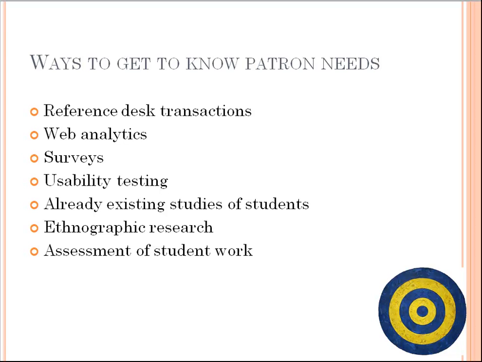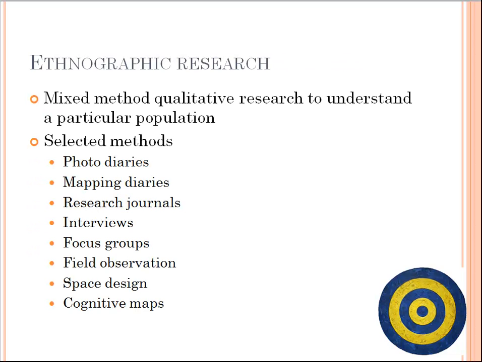This summer, I and a team looked at freshman student research papers using an information literacy rubric that we developed, and it was so interesting to see where things went wrong in students' research. It gave us some great insights that we were able to take into our instruction work in the next fall.